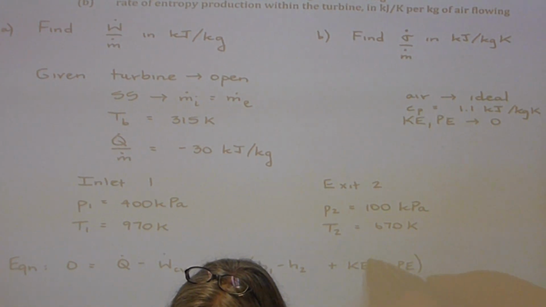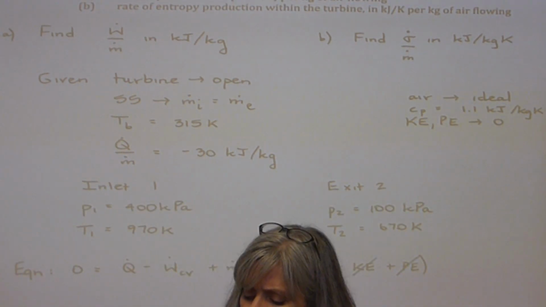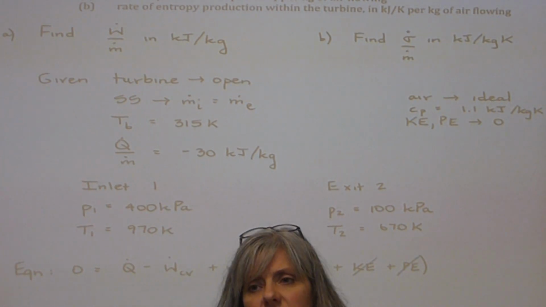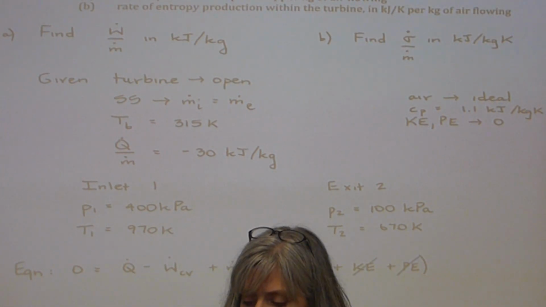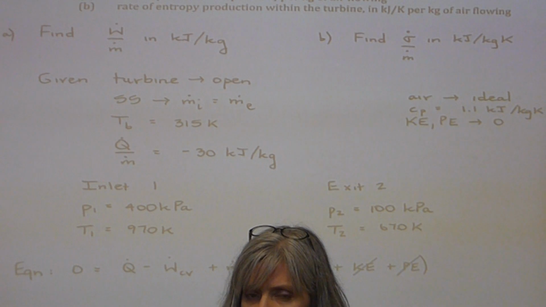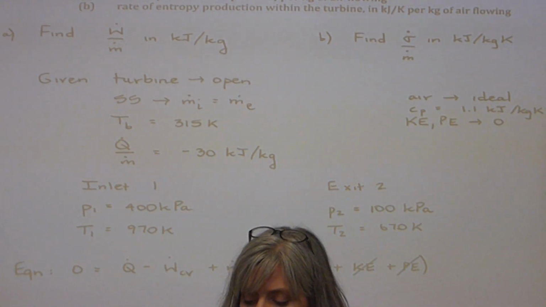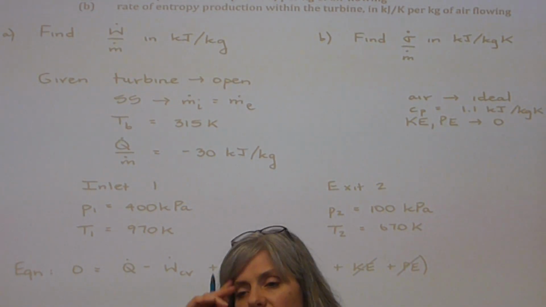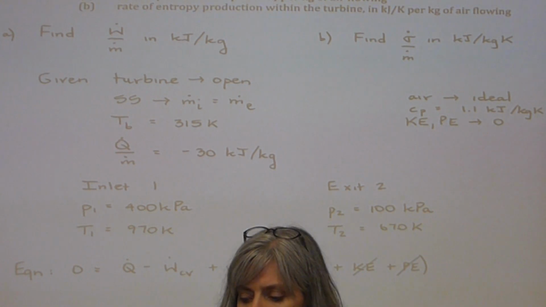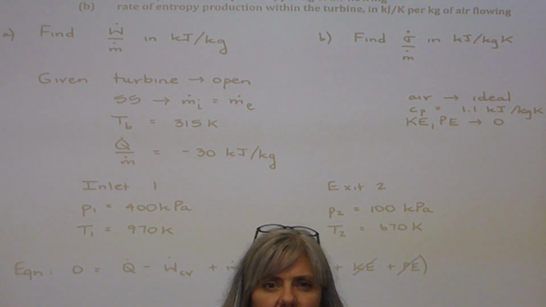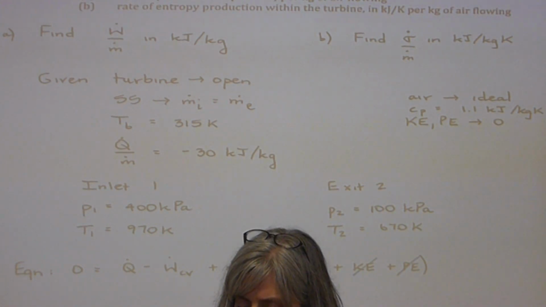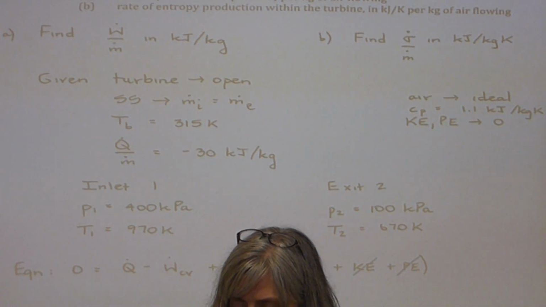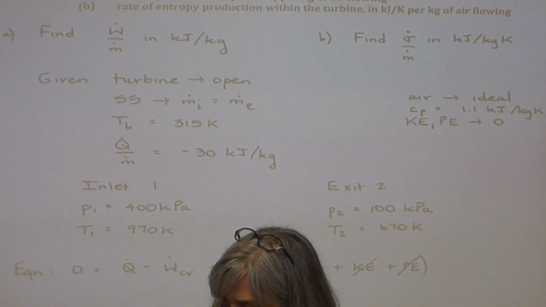I'm not writing all the details because I know that these are going to be zero. I still like to list them just to remind myself that I am neglecting those effects, that that's an active choice that I'm making. And as you get further along in your career, you'll have to be more careful about that. You can't always just disregard things that we do typically in a first semester class. And then I've also used 1 for the inlet and 2 for the exit.